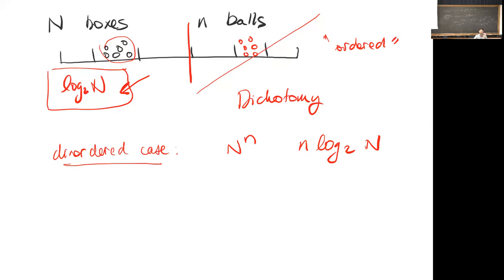Or equivalently, if you observe the microstate of your system, it's like if you got the answer of that many binary questions. So the system contains that much information.